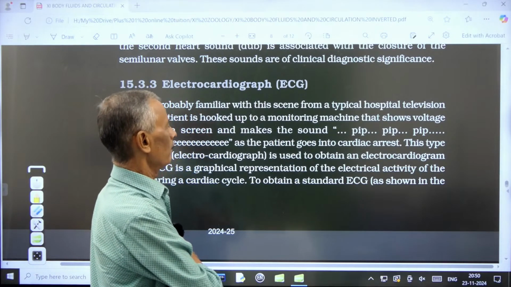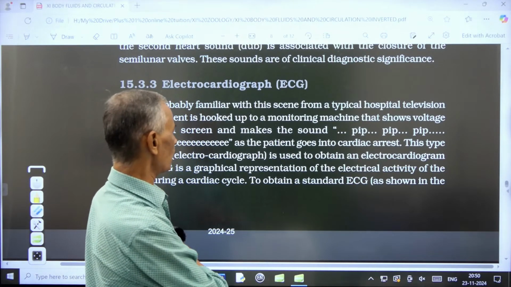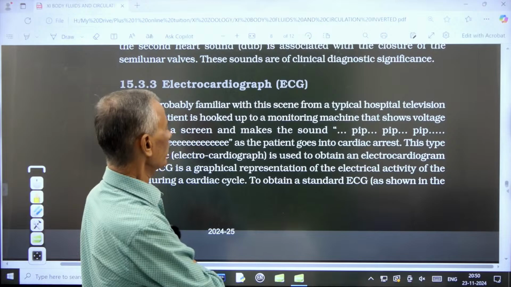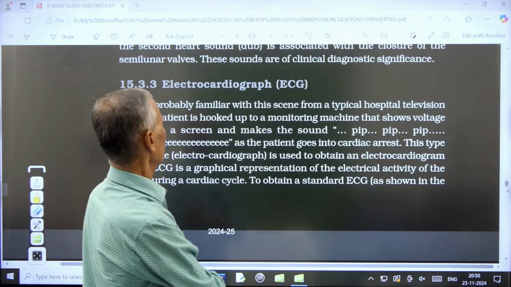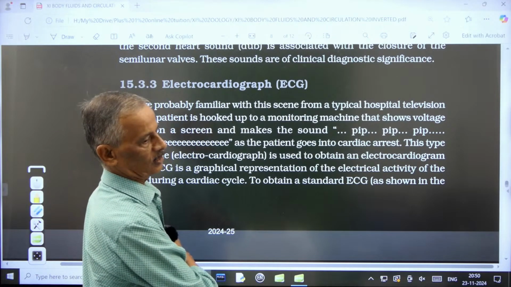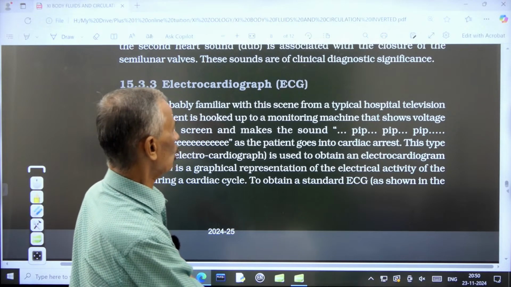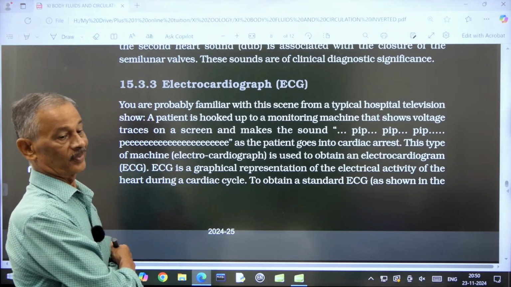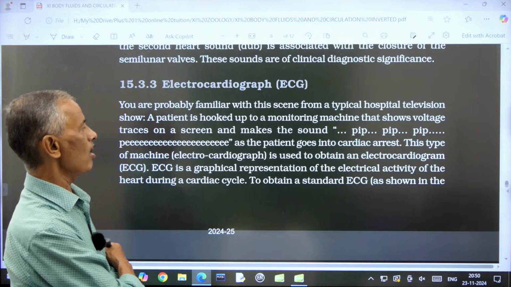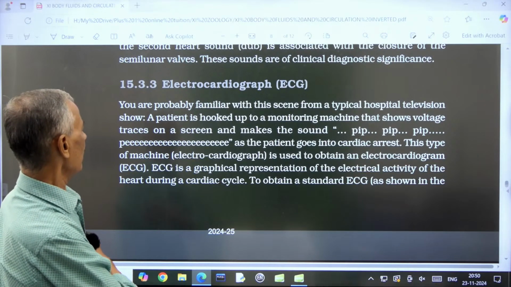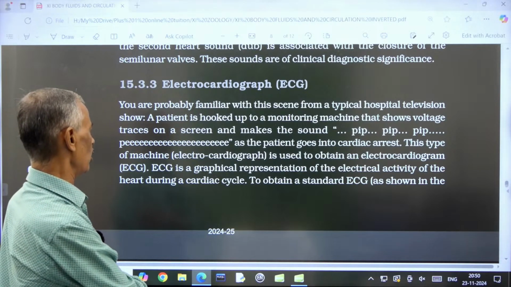That electrical activity or potential difference of the heart during a cardiac cycle is graphically represented. That graph, that picture, is called electrocardiogram, and the machine is called electrocardiograph.